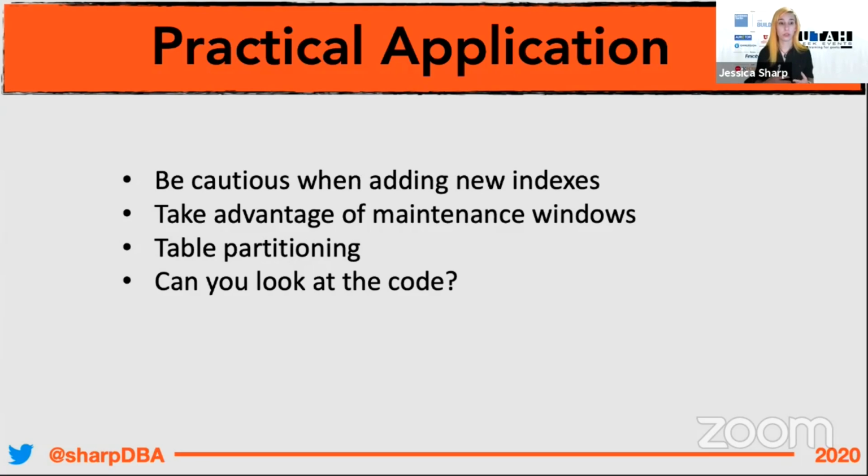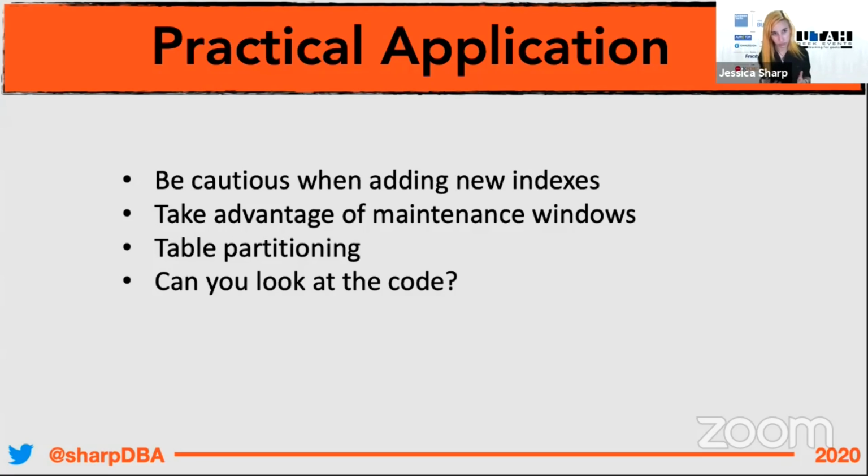Autovacuum is powerful, it's cool, it makes you feel like a superhero when it works, but sometimes you need to manually vacuum. So strategically take advantage of your maintenance windows if you have them. At least be aware of what they are to know if that's an option, and do manual vacuuming during those maintenance windows.